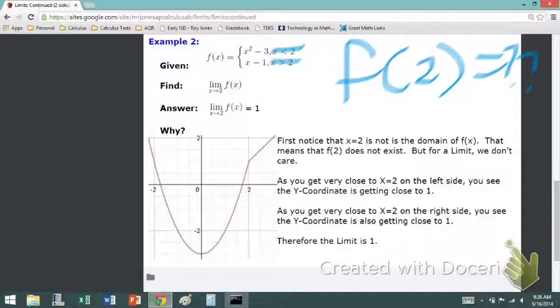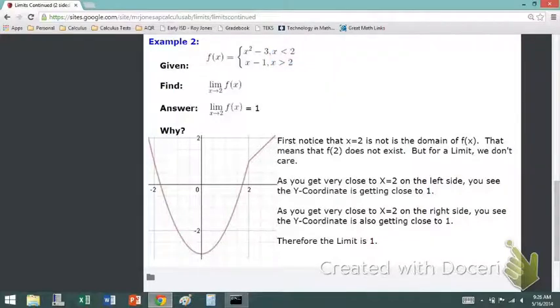The limit as we approach 2 from the left-hand side, we're looking at this equation. As we get really close to 2, our y values are approaching 1, right there.